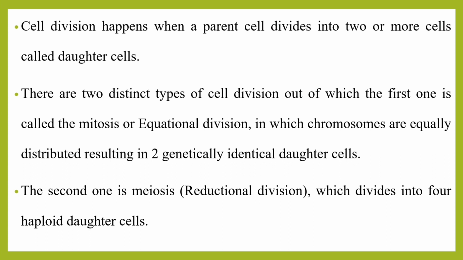Cell division means when a parent cell divides to form two or more cells, and the cells which are produced as a result of the division are called the daughter cells.